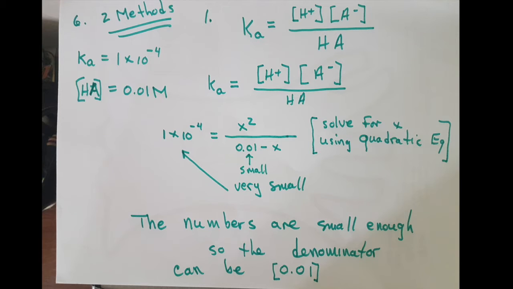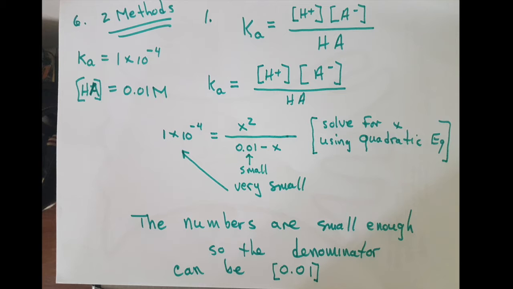HA is a generic way of saying an acid, where H is the H plus, and the A is going to be A negative, which is simply any anion. So we set the equation. Ka equals H ion times the anion concentrations divided by the HA, or the undissociated acid concentration.